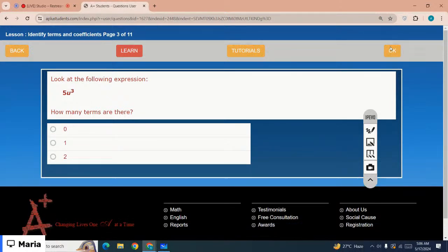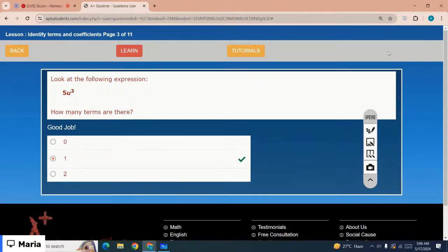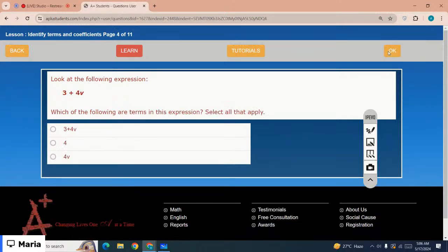Look at the following expression. How many terms are there? So which is the correct option? You have only one term. The correct option is 1, right? Okay, look at the following expression.